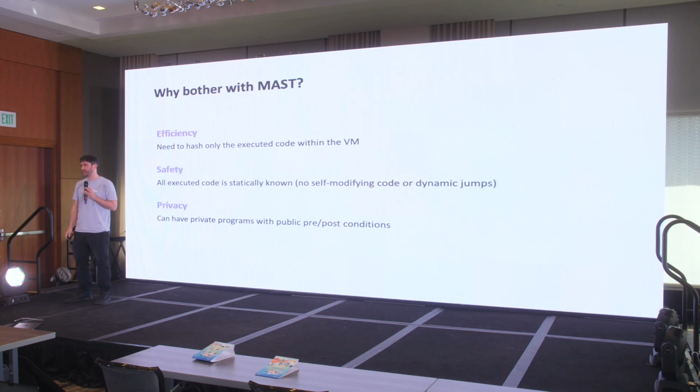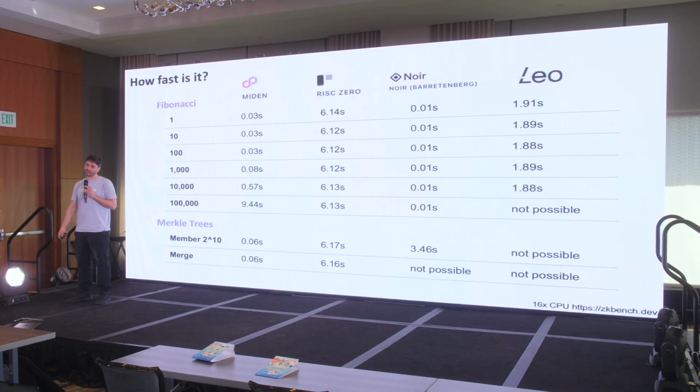And so we want to have a fast VM. How fast is it? This benchmark was built by zkbench, by Polybase, a full team. They put it together. It's some months old, but here you can see Risc Zero, Noir, Leo, and Miden.